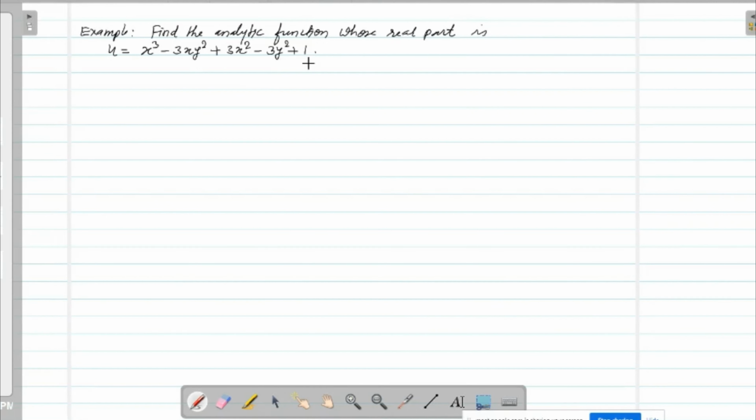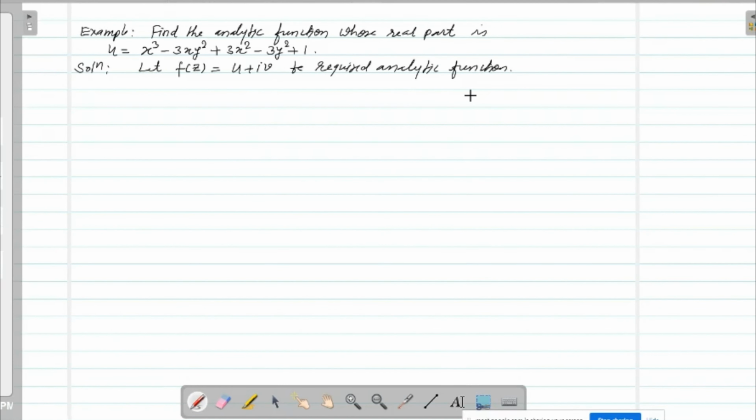Okay, this problem is given to you. What we have to do is determine the analytic function. So let us see how to find the analytic function. Solution. Our first step is: let f of z equal to u plus iv be the required analytic function.